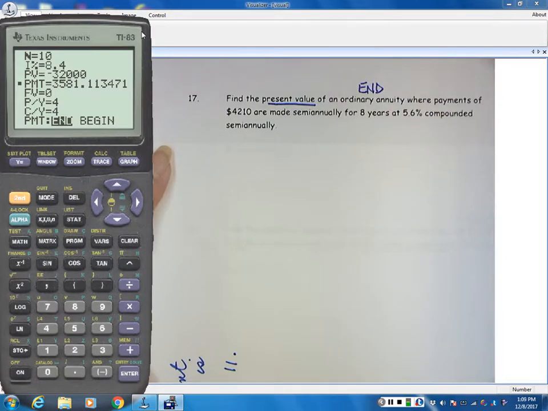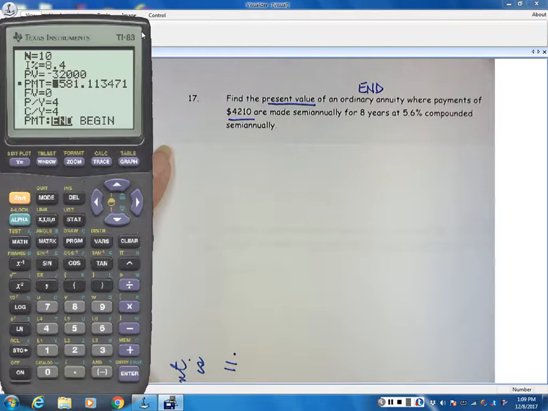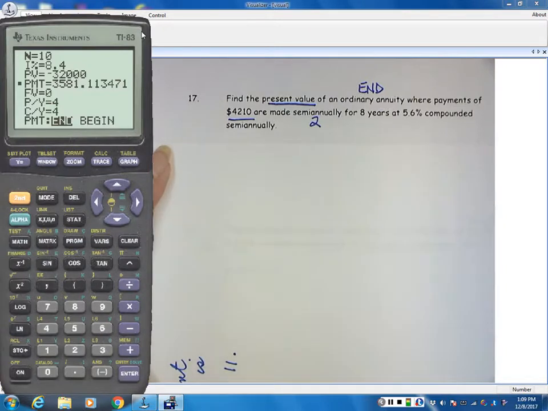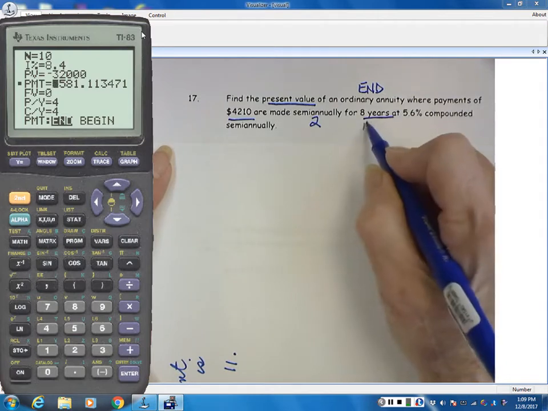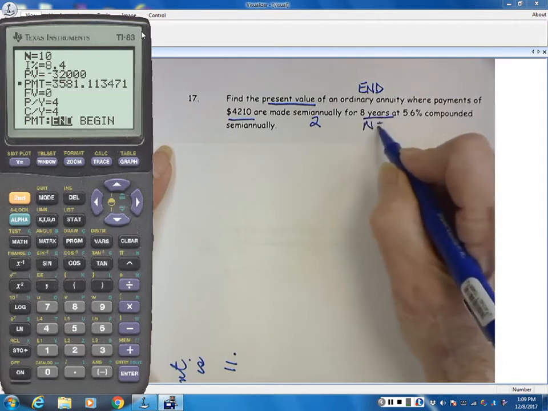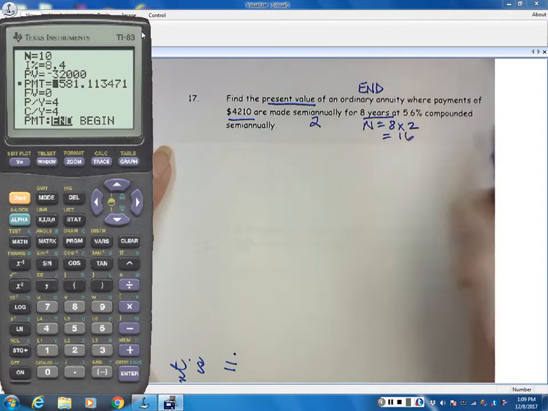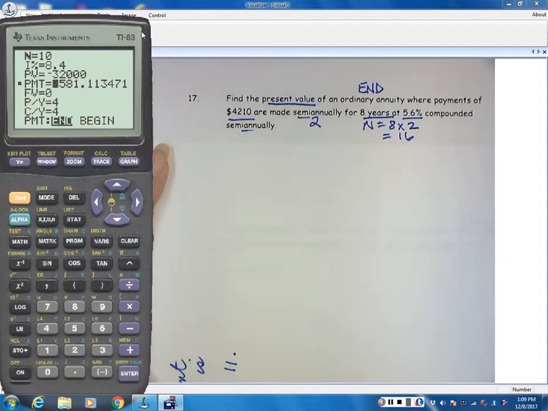And the payments are $4,210 each. They're made semi-annually, so twice a year, for 8 years. So N is going to be 8 times 2, which is 16, at 5.6% compounded semi-annually, so of course these have to match.